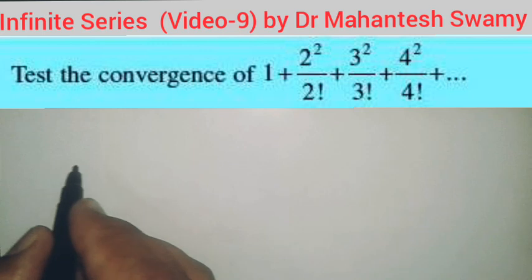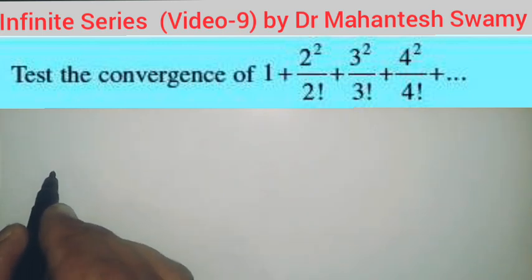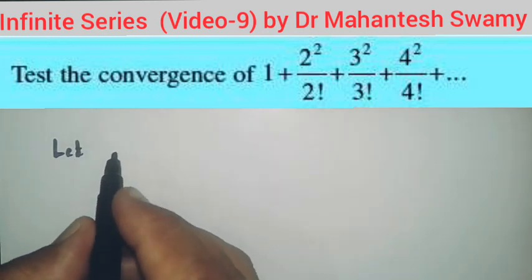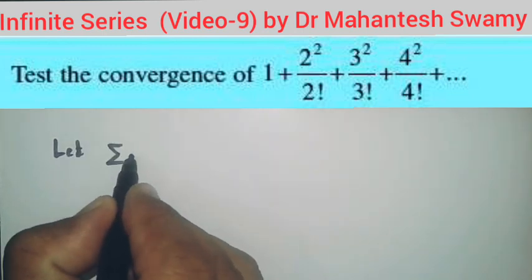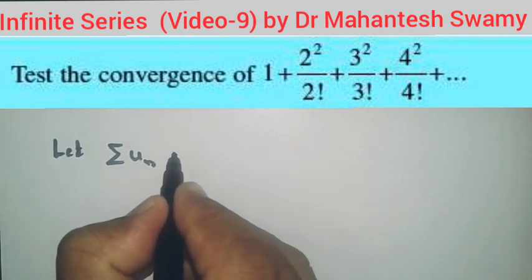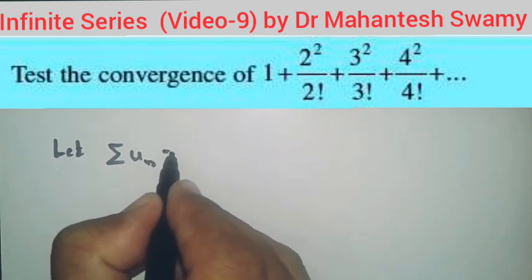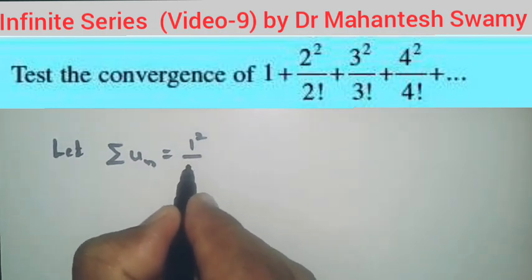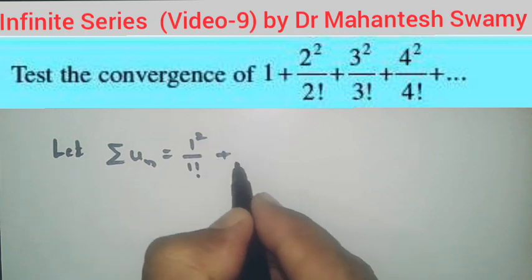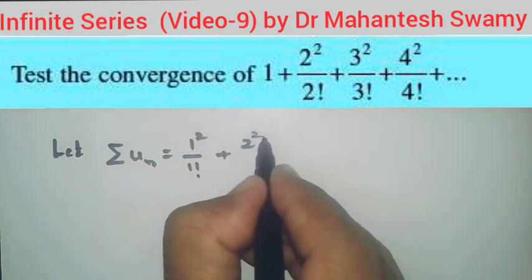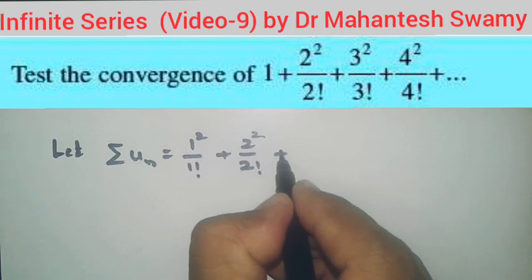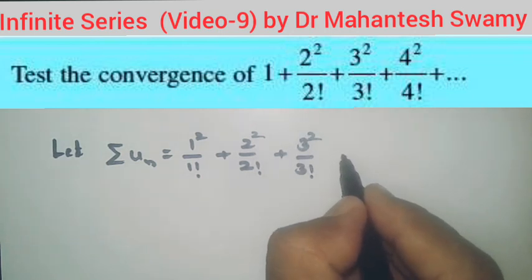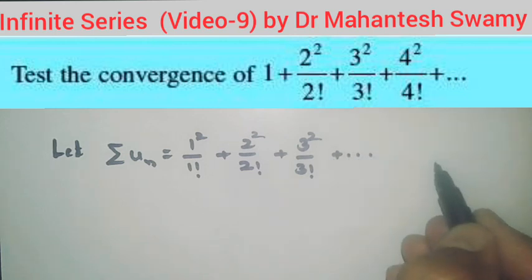So let us consider the given series as summation u_n, and we shall write it as 1 square by 1 factorial plus the remaining terms as they are, 2 square by 2 factorial plus 3 square by 3 factorial plus 4 square by 4 factorial and so on.